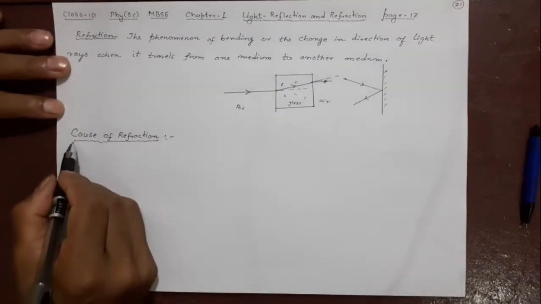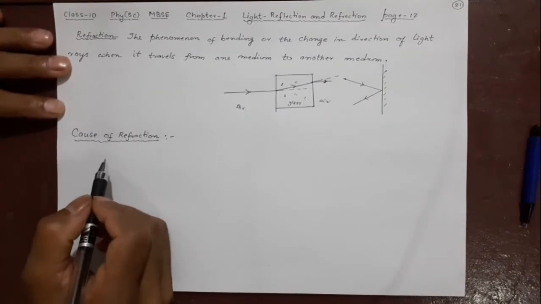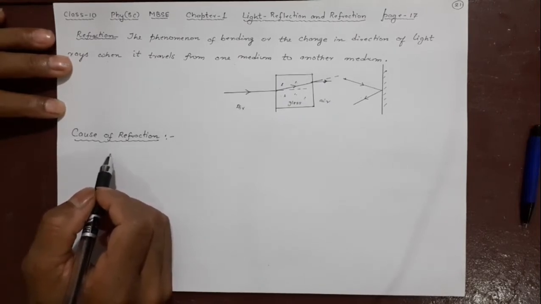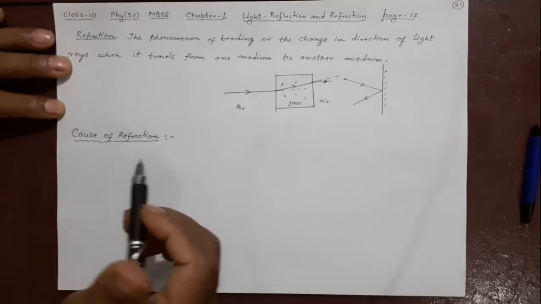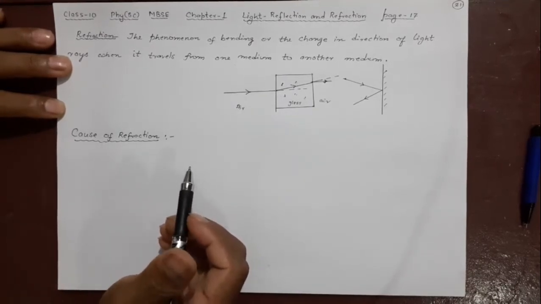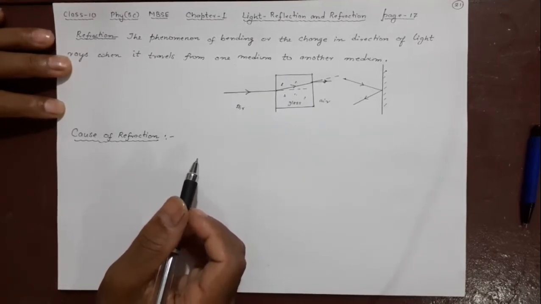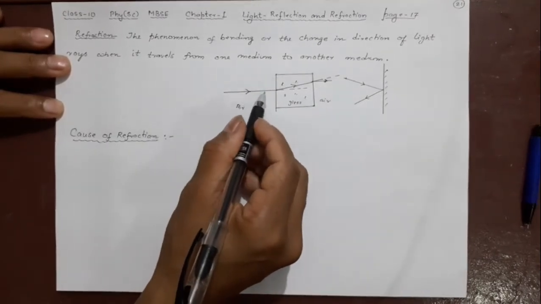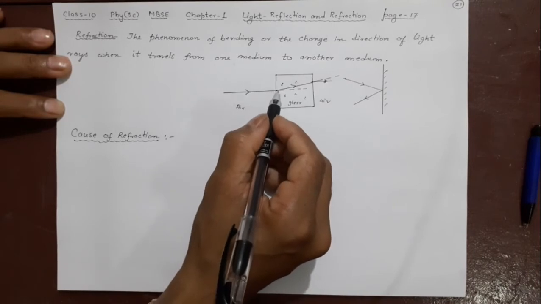Now what is the cause, what is the reason for this refraction? Why does this happen? Very easy to understand. It happens because there is a change in the velocity of the light. Because the light has to travel from here to here, it will take some time, and in this medium the light speed will decrease.